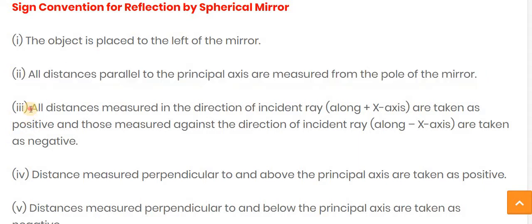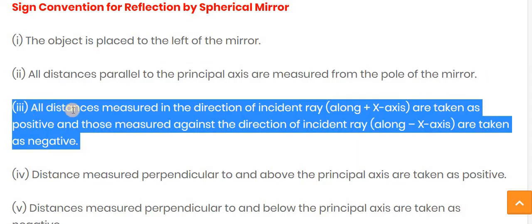The third rule is that all distances measured in the direction of the incident ray along the x-axis are taken as positive, and those measured against the direction of the incident ray are considered negative. I will explain in a figure so you can easily understand.